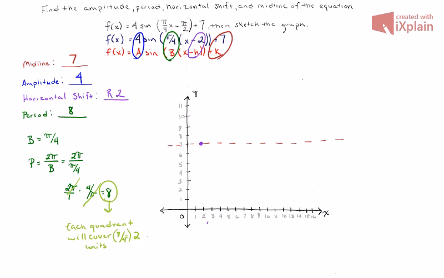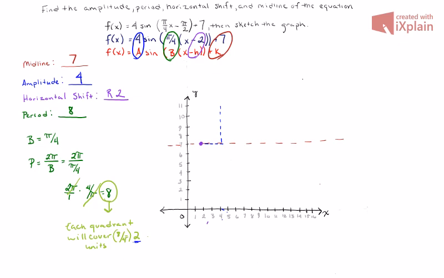I know that I'm starting to the right 2, so I've already indicated my point in purple. Since the sine function starts at the midline, I'm going to travel upward 4 units, and I'm also going to move over 2 units, to the 4. I'll indicate this in blue so we can all see. So I went to the right 2 units, and then up 4 units from 7.